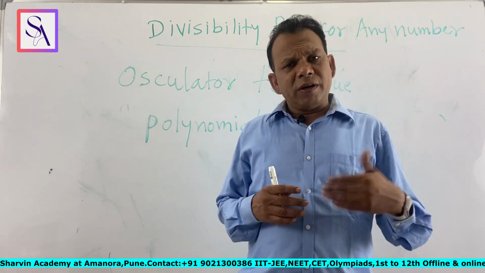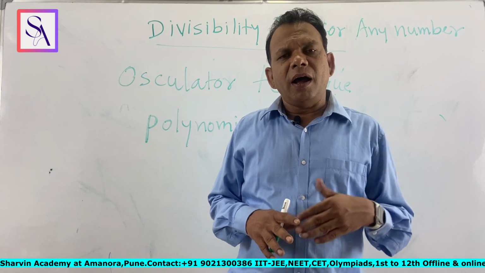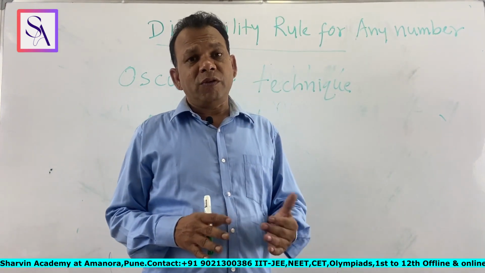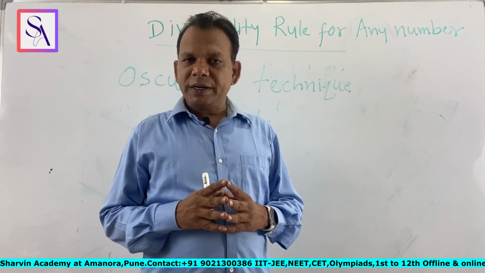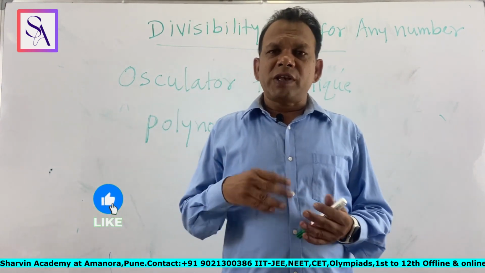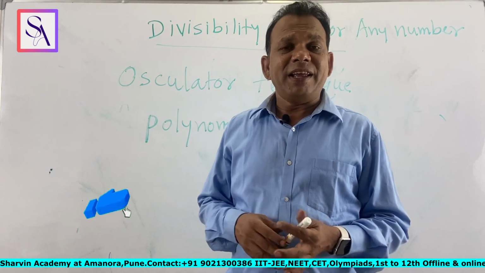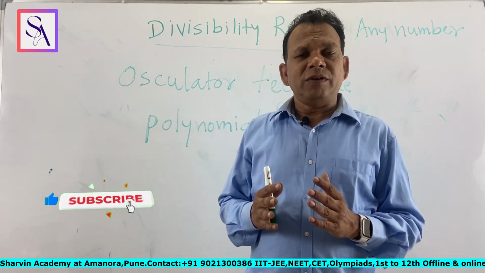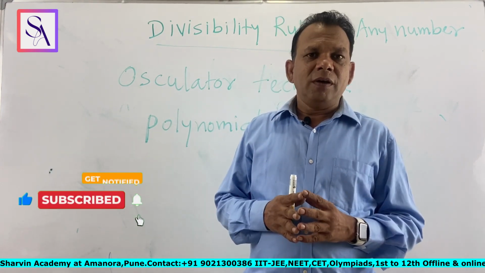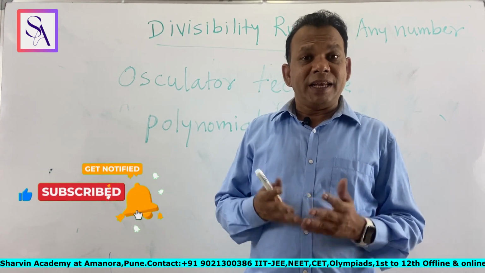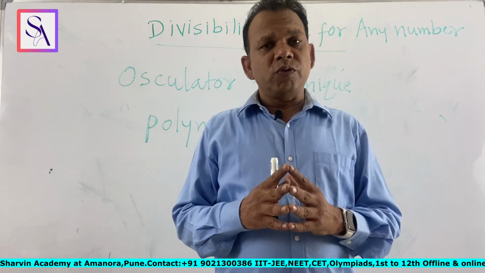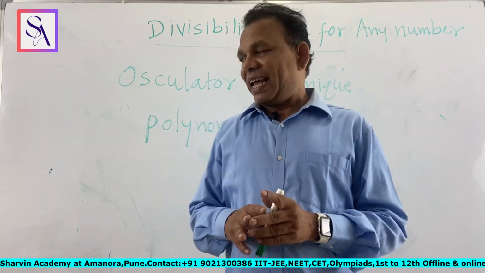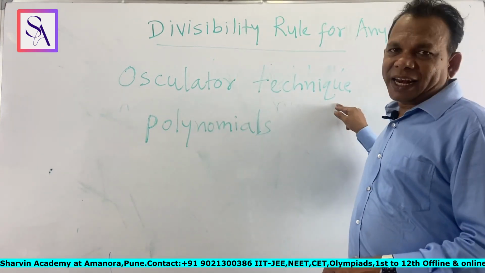So beyond that as well, you can derive your own divisibility rule, right? Suppose for 17, 19 or 23, if you want to derive your own formula for divisibility, then you can do that. How? You need to use a technique called the oscillator technique.